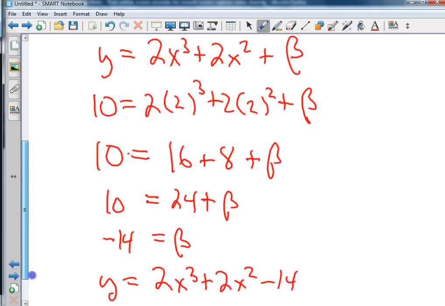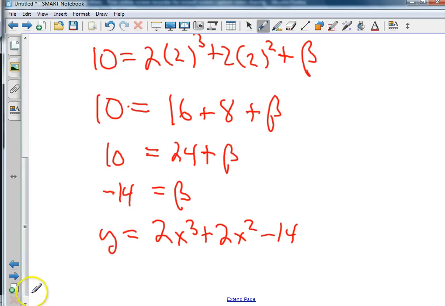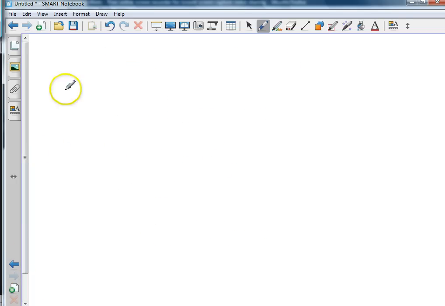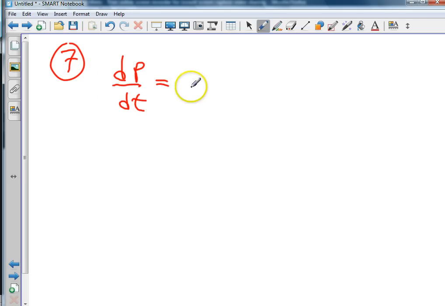All right, ready for another one? Okay, 7. I'm skipping the multiples of 5 for obvious reasons. 7 says dP/dt is 10 e to the t, and P of 0 is 25.